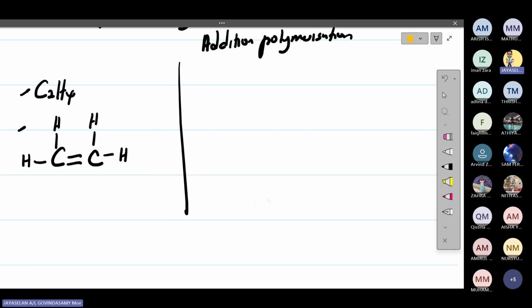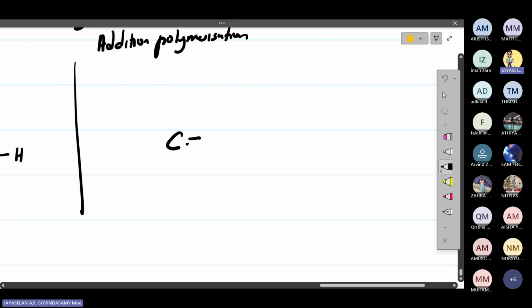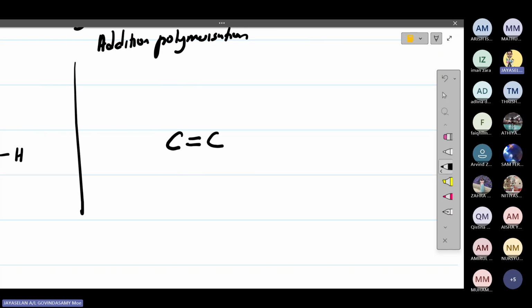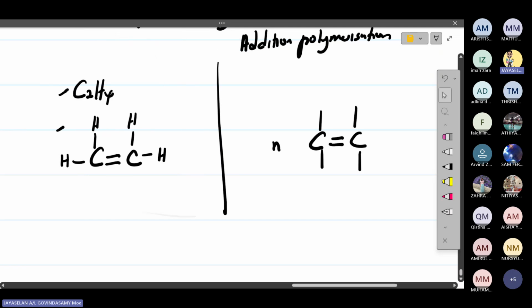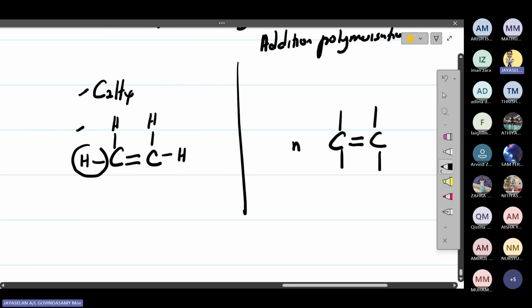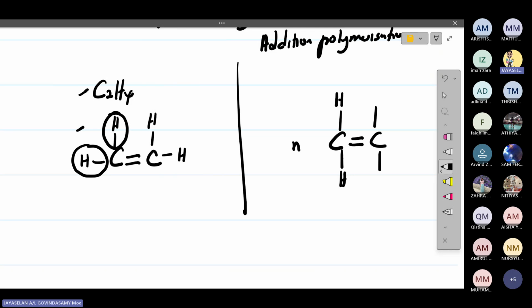Very simple. What do y'all do? Y'all just write C double bond C, top and bottom. We don't know how many molecules, y'all put n. Now this H moves to the bottom, this H put at the top, this H put down.